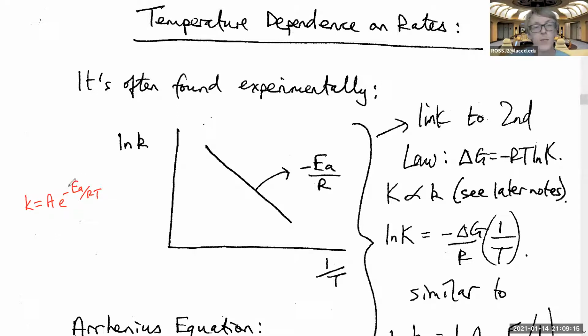Well, if I want to make this exponent a coefficient, I could just take logs. So take the natural log of both sides. So ln A, then this exponent becomes a coefficient. So we've got Ea over R times 1 over T, and we can see that that's a y = mx + b equation.